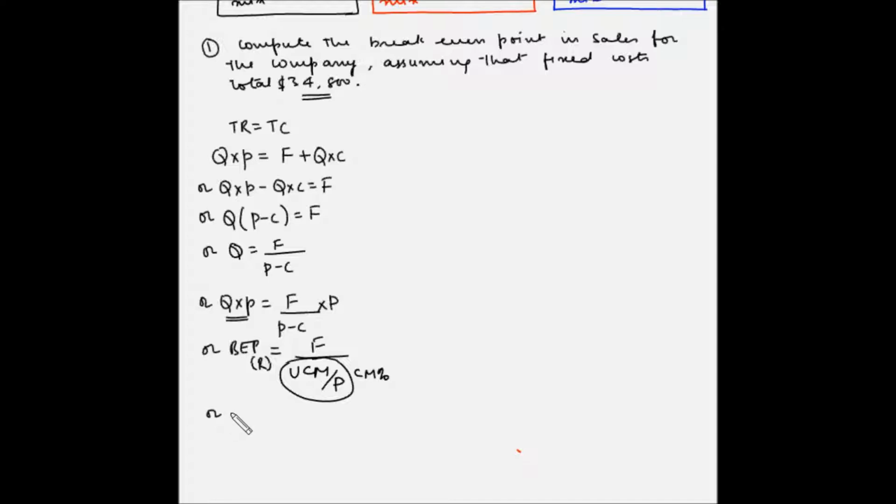So our break-even point in terms of revenue is equal to fixed cost divided by the contribution margin percentage.